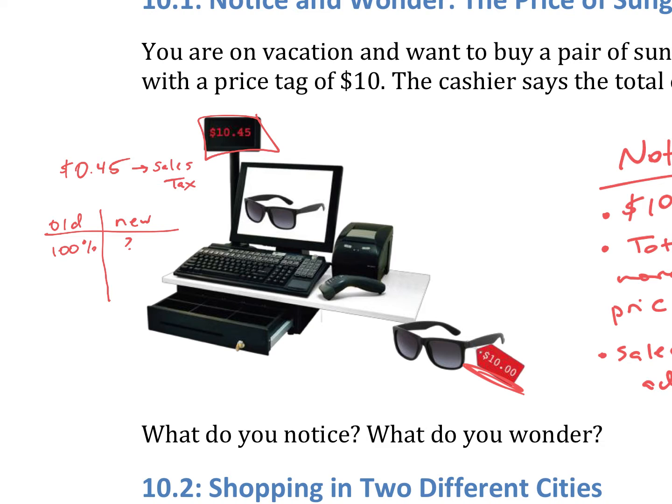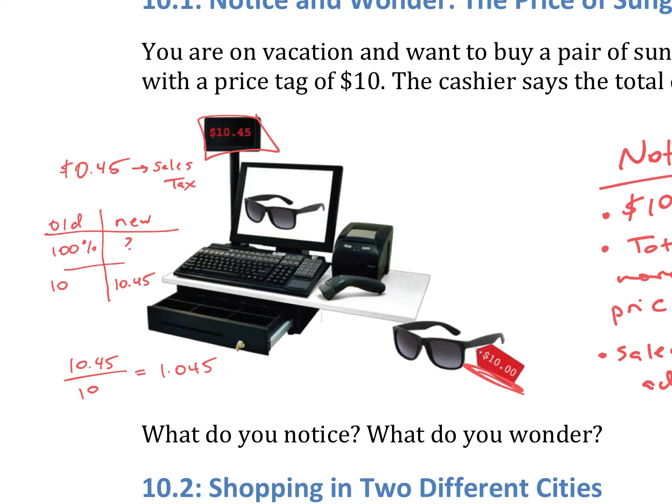And then we also know that the old was $10, but the new was $10.45. So to figure out what my constant of proportionality is, I'm going to do 10.45 over 10, and I get 1.045.